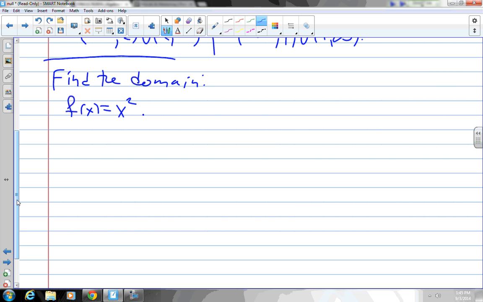Just little friendly little x squared. What's the domain of that? All real numbers. Because you're looking for trouble areas, square roots, division. None of them appear. You can square any number that you like. So domain here would be all real numbers.